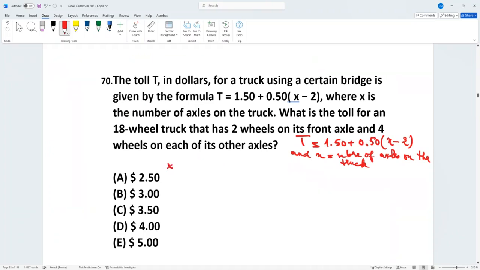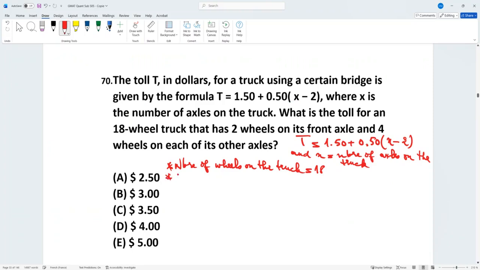And from the prompt, we also know that the number of wheels on the track is equal to 18.